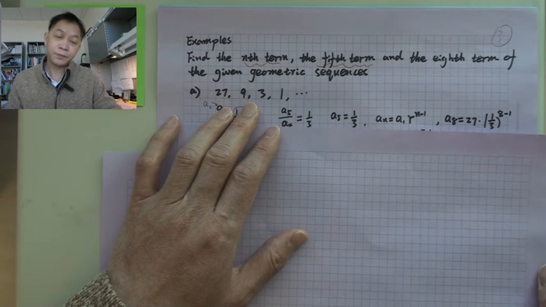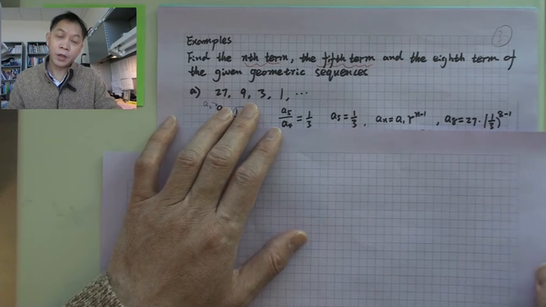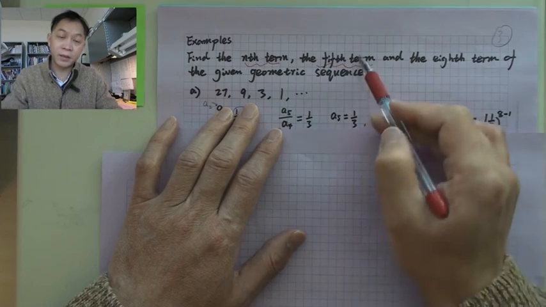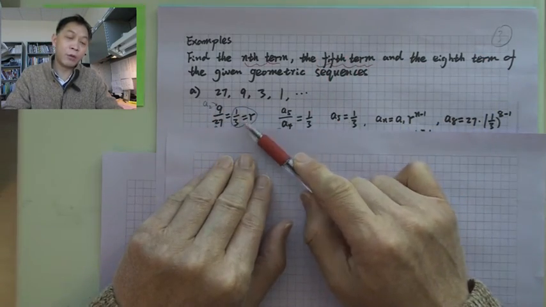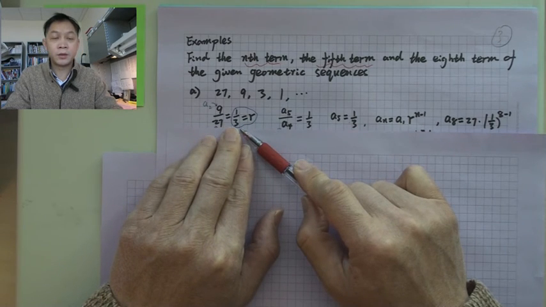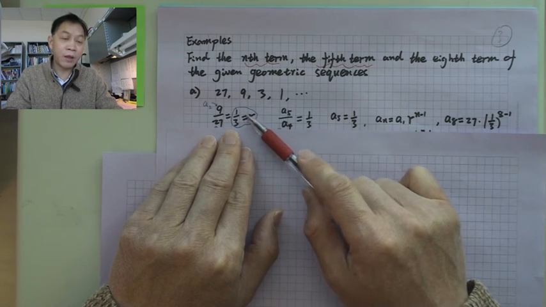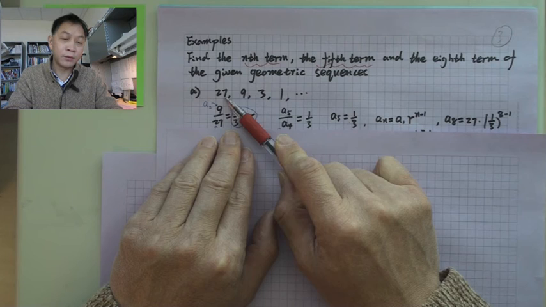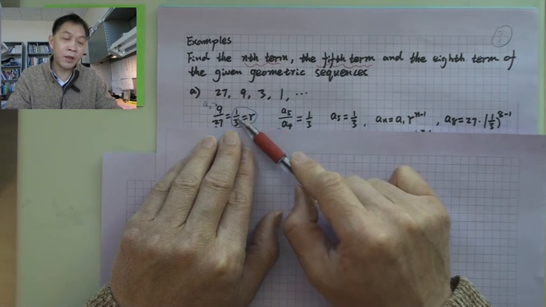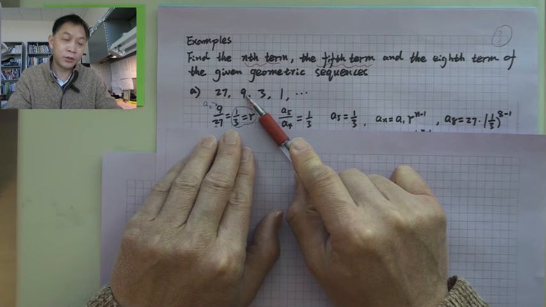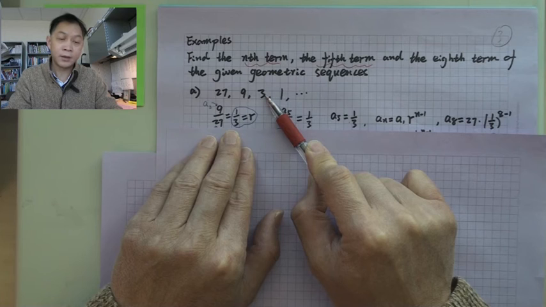Alright. So, that's the fifth term. But also you can see, if we have a ratio of 1/3, and you use ratio 1/3 on 27, you have a 9. And 1/3 times 9, you have a 3.